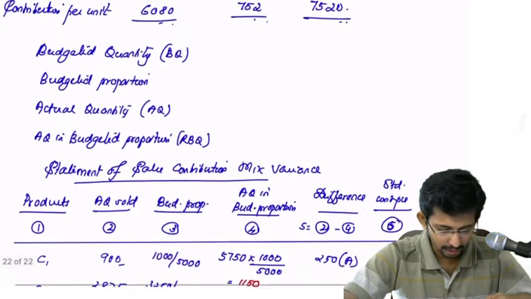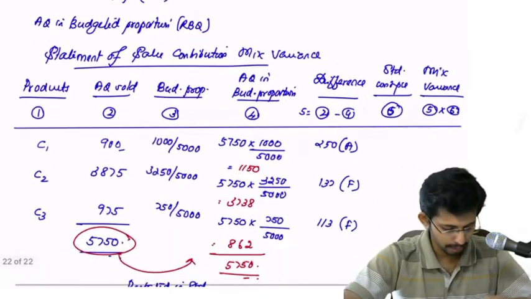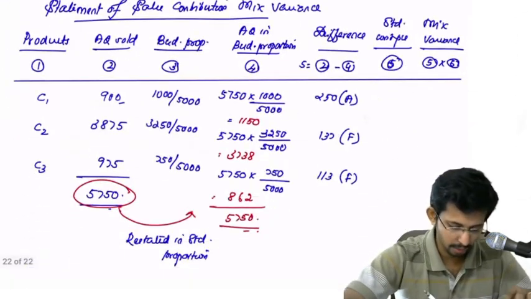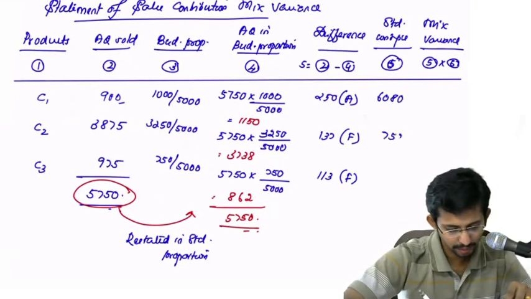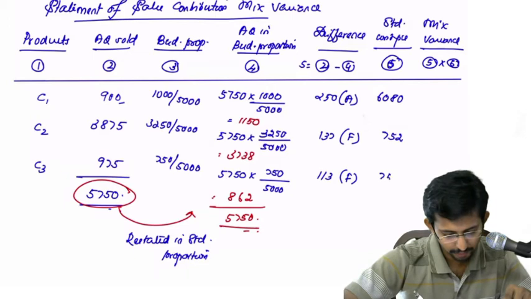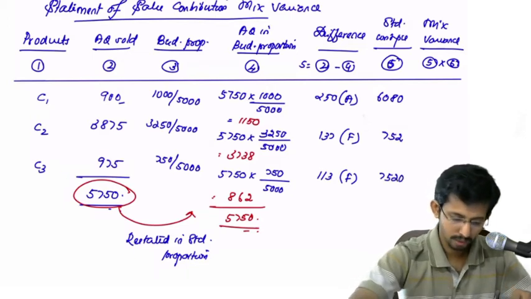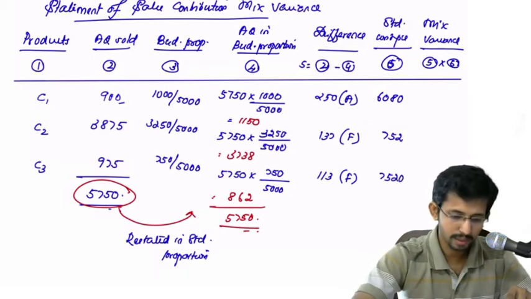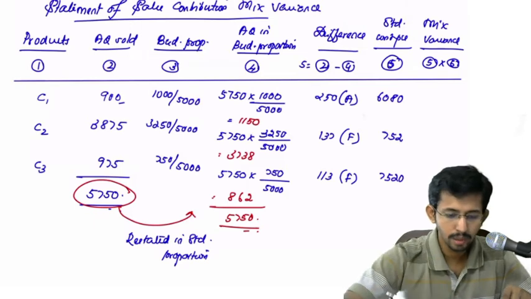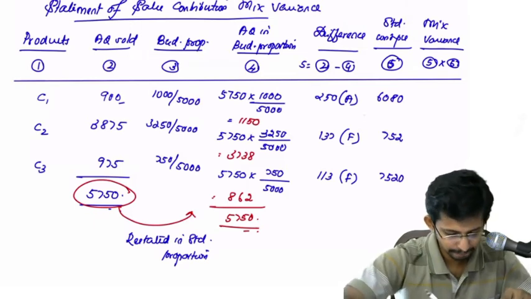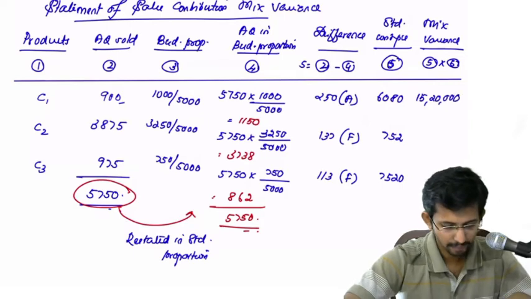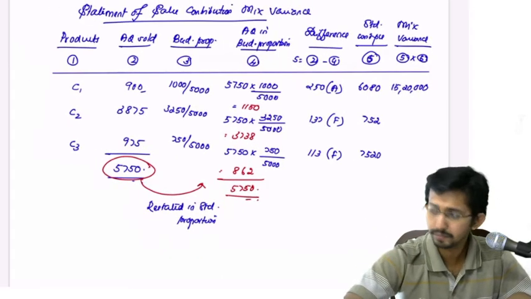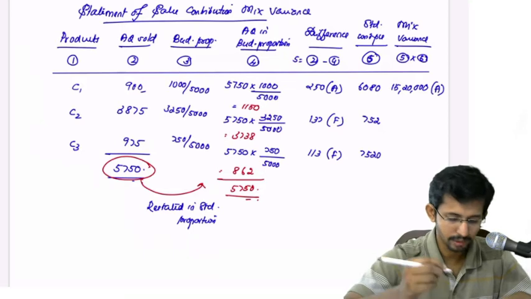And what is the standard contribution per unit? Standard contribution per unit you have computed: 6080, 752 and 7520. So 250 into 6080 will give you 15,20,000, and this is adverse.